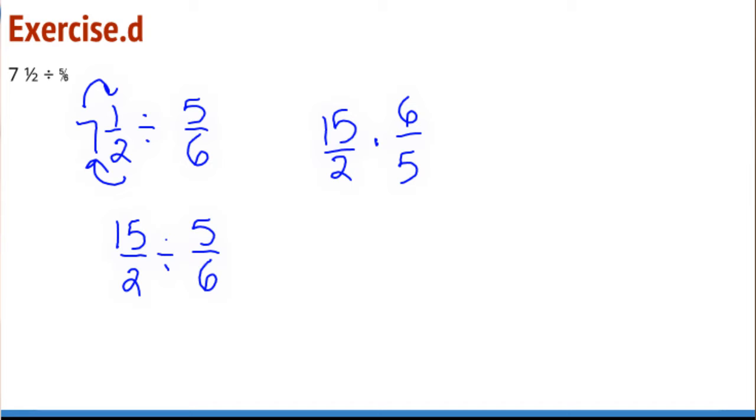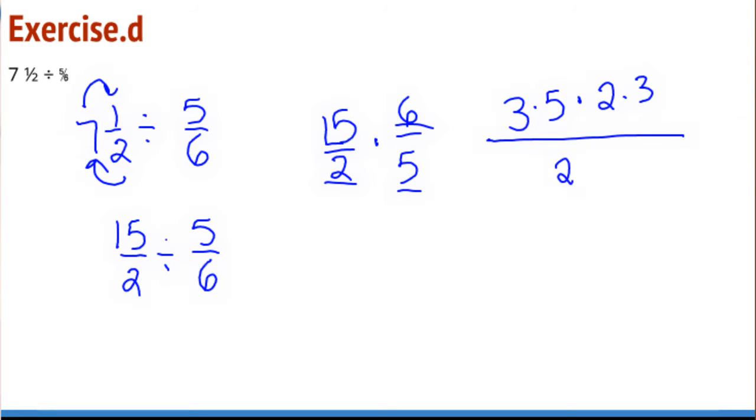I notice that I have a multiple of 5 and a multiple of 5, so I'm going to break the 15 into 3 times 5. And I notice I've got a multiple of 2 and a multiple of 2, so I'm going to break the 6 into 2 times 3. And I've got 2 times 5, so the 2's will divide, the 5's will divide, and I will be left with 9.